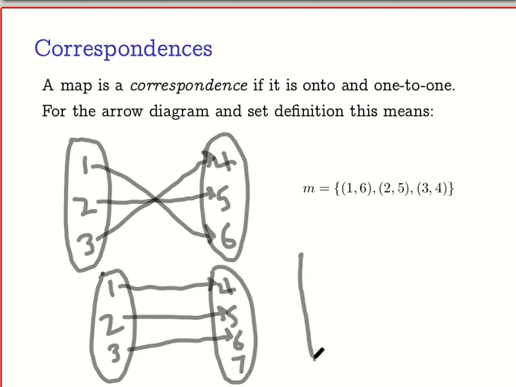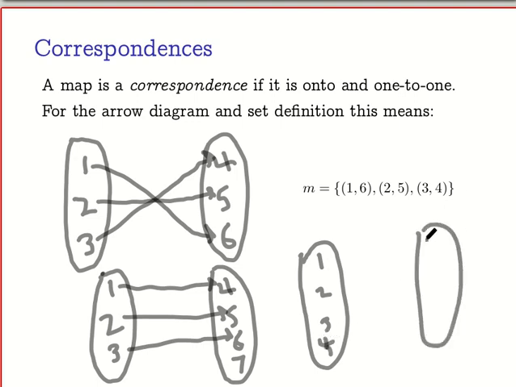On the other hand, if we start with the set 1, 2, 3, 4, and try to make a correspondence with the set 5, 6, and 7, I could start off pairing 1 with 5, 2 with 6, and 3 with 7, but I have to draw an arrow from 4, and I have to choose one of 5, 6, and 7 for it to point to, and that means that at least one element is going to have 2 arrows pointing to it, so it's not going to be one-to-one.